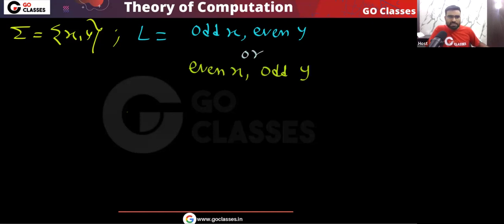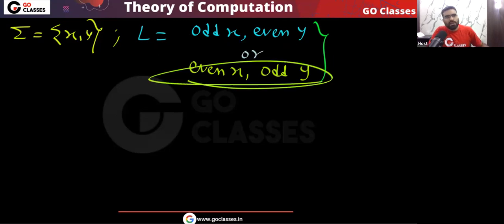The alphabet is X, Y, and the language is either odd X, even Y, or even X, odd Y. In one word, what can I say for this type of strings?